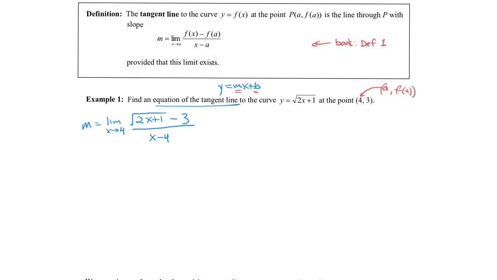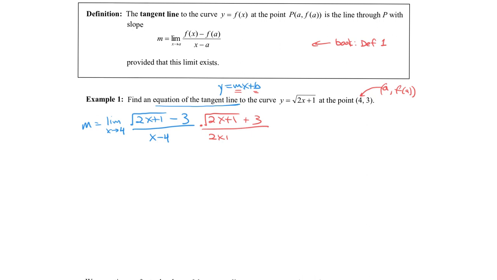And then at this point, we've seen limits like this. So if I plug in a 4 here, I'm going to get what we have gotten a whole bunch of times before, 0 over 0. In section 2.3, we had a whole bunch of 0 over 0, and we had a technique for this. This one has a radical, so our go-to technique for 0 over 0 with a radical is that we would multiply by the conjugate.